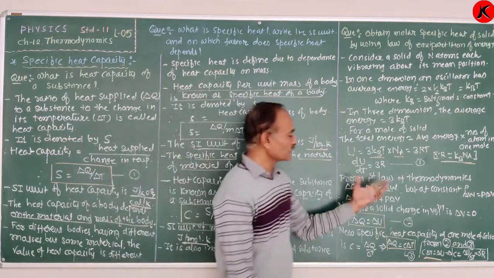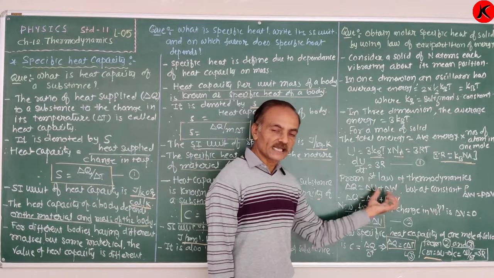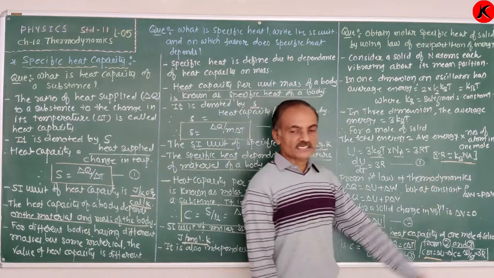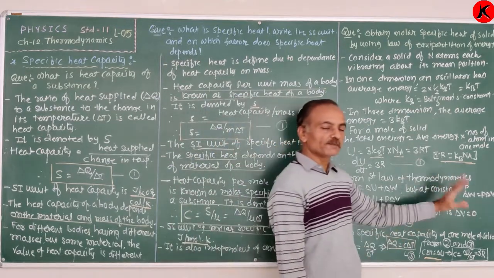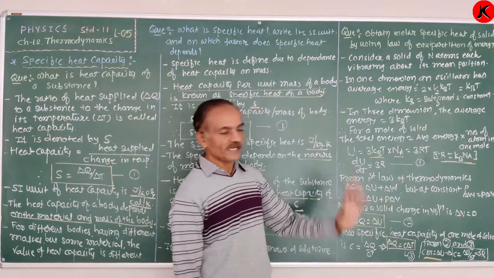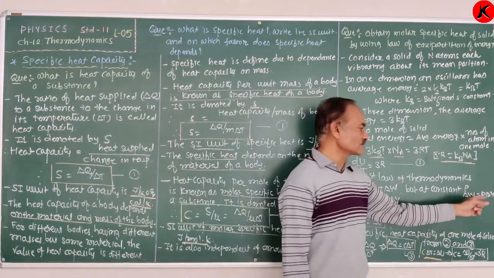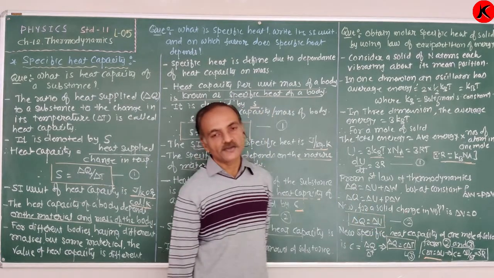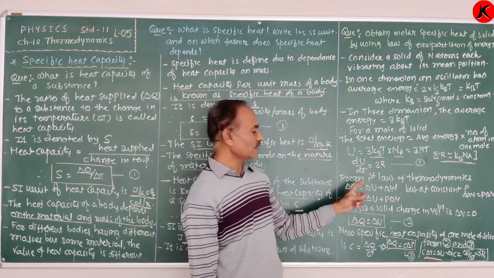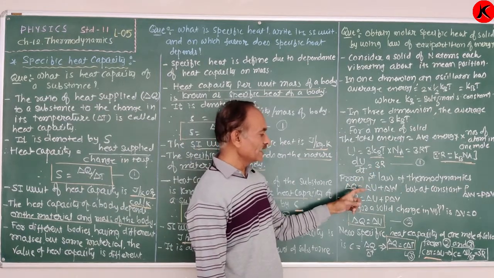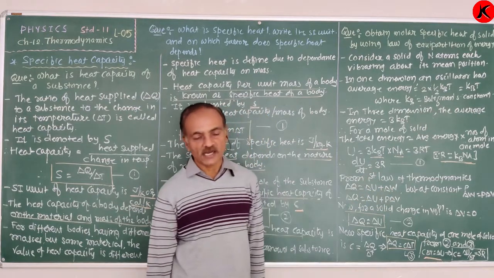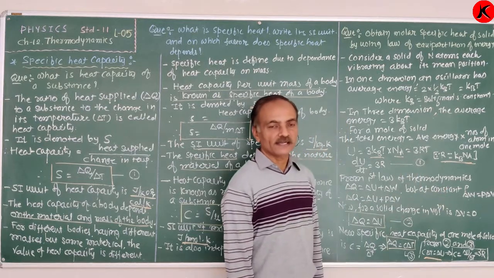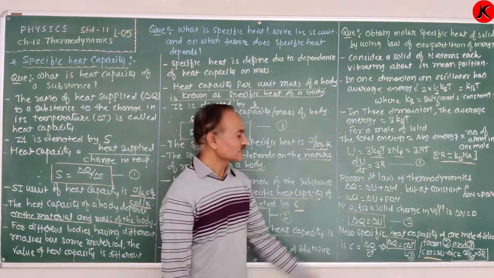Now, from the first law of thermodynamics, delta Q is equal to delta U plus delta W. Now, at constant pressure, the work done delta W is equal to P into delta V. But for a solid, the change in volume delta V is equal to 0. Therefore, delta Q is equal to delta U. Again, from the equation of the first law of thermodynamics, delta Q is equal to delta U plus delta W. At constant pressure, the work done delta W is equal to P into delta V. Substitute here.